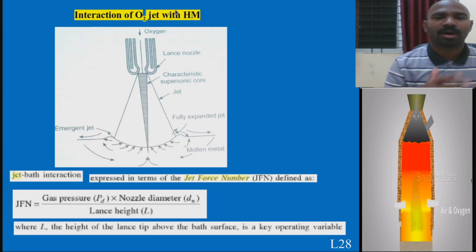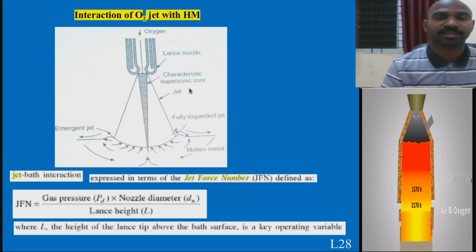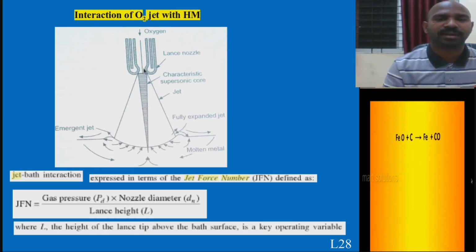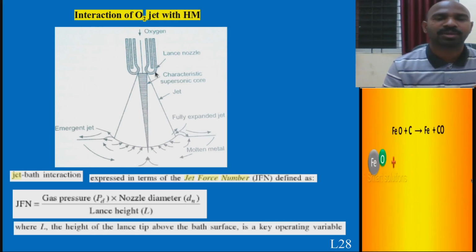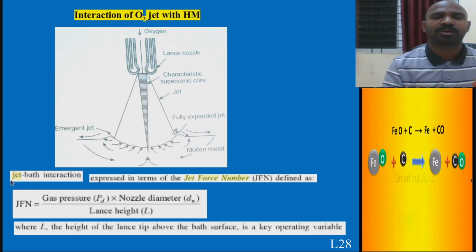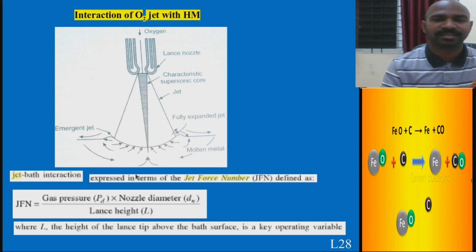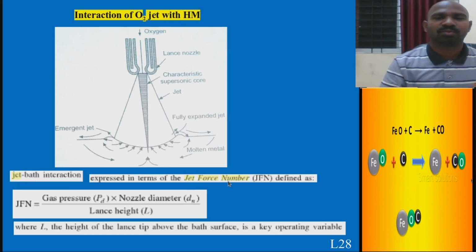Here I am going to tell you about the interaction of the oxygen jet with hot metal. How does it interact? How do you assess and calculate the incoming oxygen from the oxygen lance tip to the surface of the molten steel? It can be characterized by a parameter called jet-bath interaction, which is expressed in terms of the jet force number.